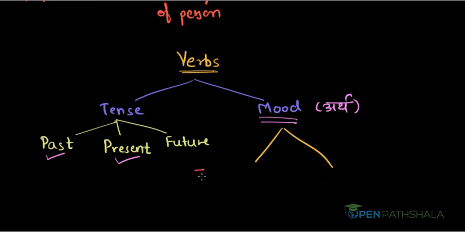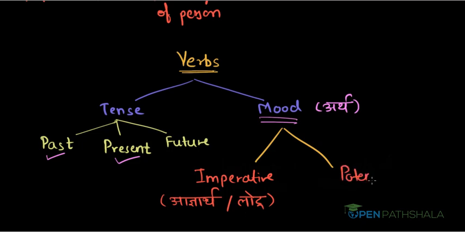First one is imperative mood. It is called adnyartha or lot. Second one is potential mood.